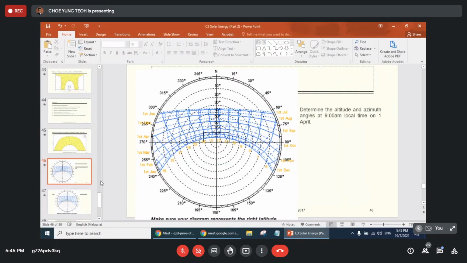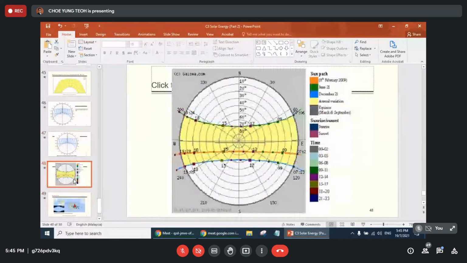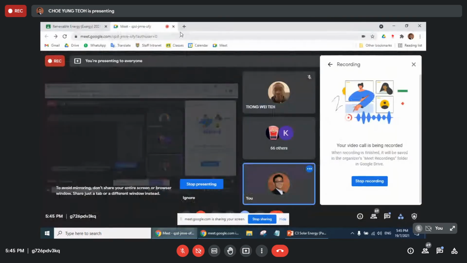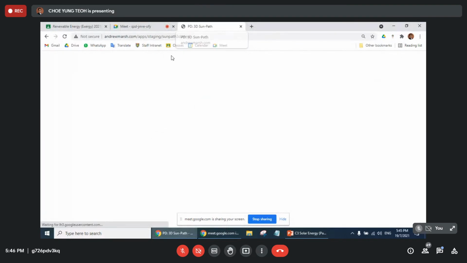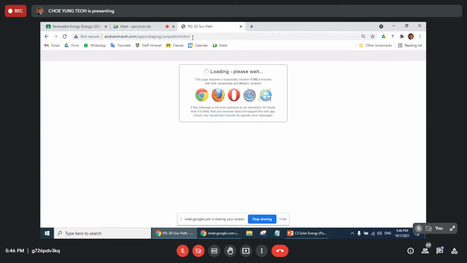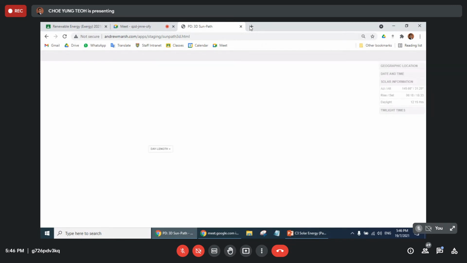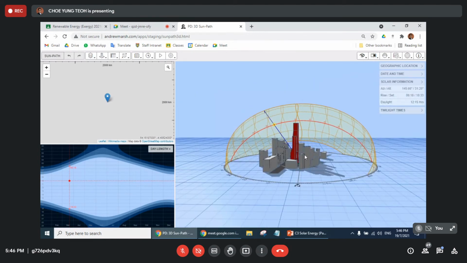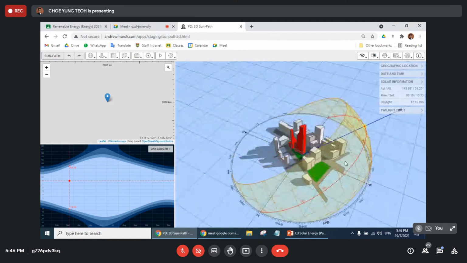Okay, so this is a sun path diagram also. And this website is very good.